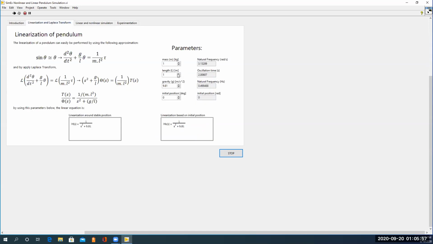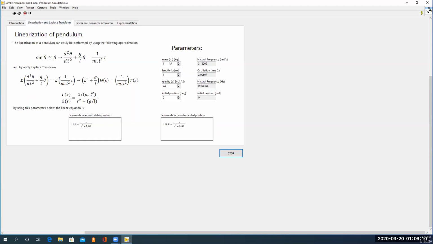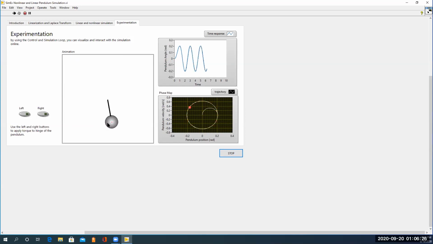When the mass of the ball is large, we can use the linear model, but when the ball is light, we cannot. A few parameters will affect the effectiveness of the linearization process. Then you see when the ball is heavy, it's not easy to make the ball move.